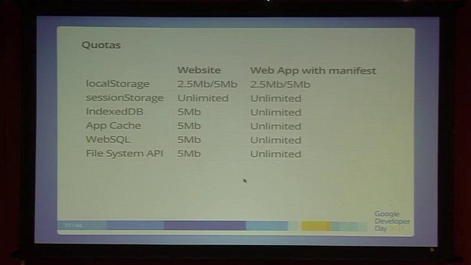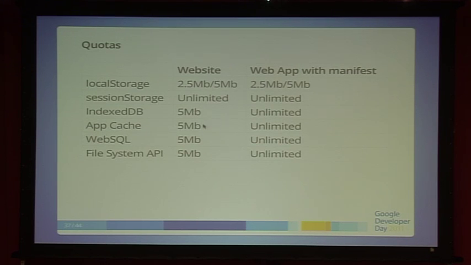So the amount of data that you can store for web pages is 5 megabytes. The local storage 2.5 megabyte limit is from WebKit-based browsers storing UTF-16 strings, so a character is actually 2 bytes. So you can store 2.5 megabytes of characters.